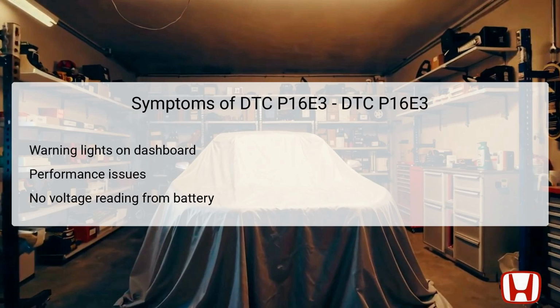In some cases, the driver might even notice a lack of accurate battery voltage readings, making it difficult to assess the electrical system's health. These symptoms not only impact the driving experience, but can also indicate larger, underlying issues that need to be addressed promptly to prevent further complications.